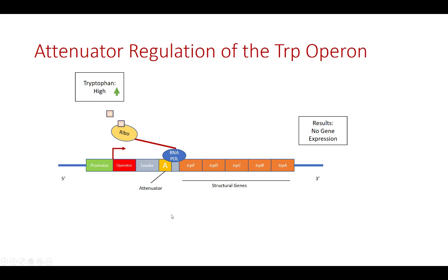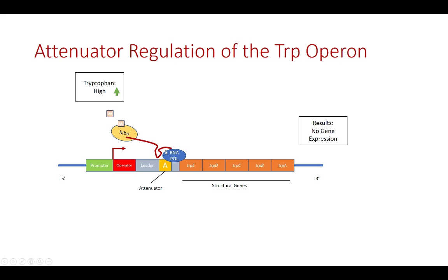Now, if there's a lot of tryptophan in the cell, this ribosome is going to start to read it, and it's going to come across two tryptophan codons right in a row. Now, if it's able to put those tryptophans in right away, just because there's a large concentration of tryptophan in the cell, the attenuator sequence in the mRNA is going to change conformations into this terminator hairpin.